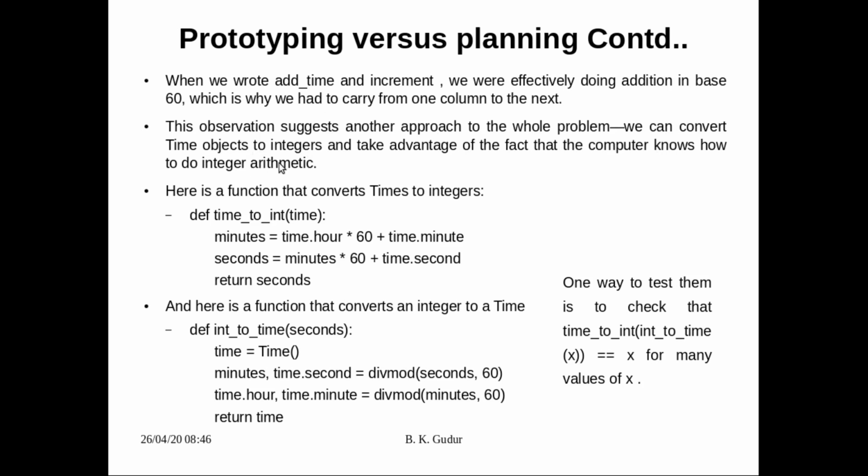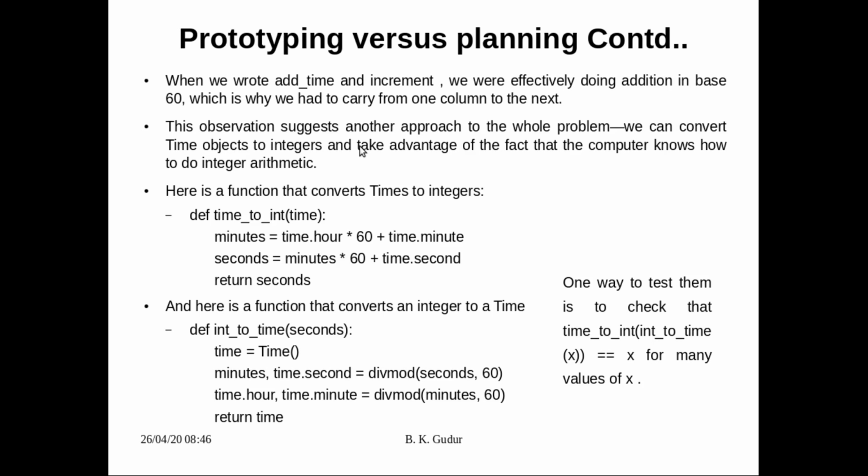The computer doesn't know how to do time arithmetic, meaning that after 60 seconds it should carry 1 to the minute column and subtract 60 from the seconds, and if more than 60 minutes are there, subtract 60 from the minutes and carry 1 to the hour column. The computer doesn't know this arithmetic, whereas it knows integer arithmetic. We can take advantage of that and write a simple program.